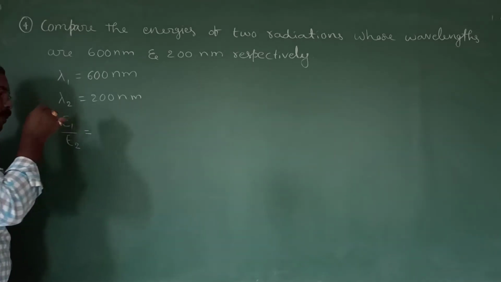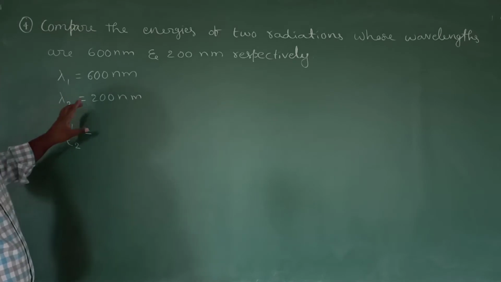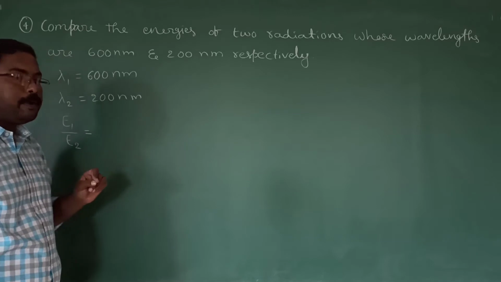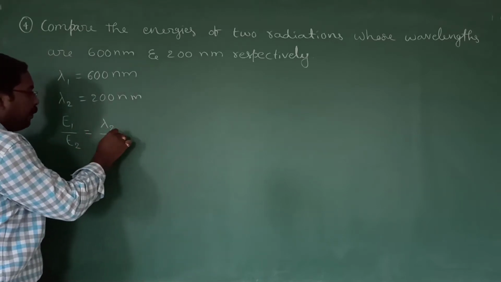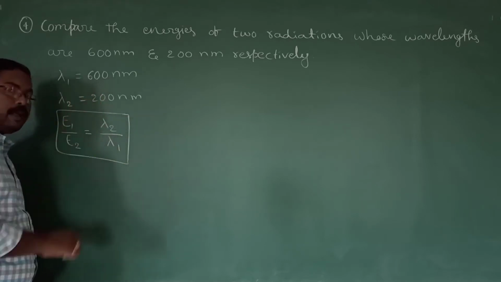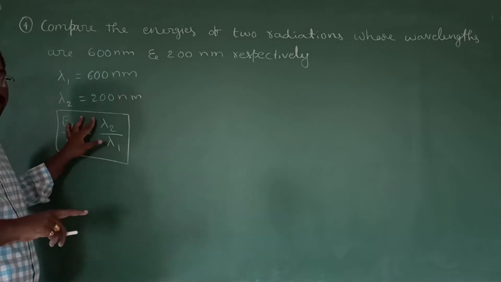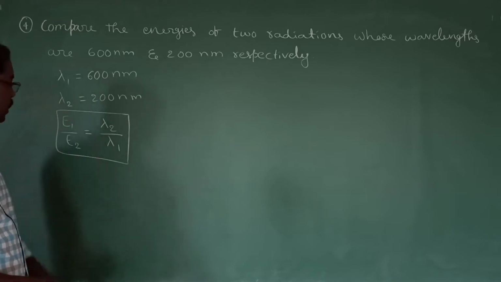Yesterday I gave a formula regarding E1 by E2. What formula was given yesterday? Energy and wavelength are inversely proportional. So E1 by E2 is nothing but lambda 2 by lambda 1, because energy and wavelength are inversely proportional.